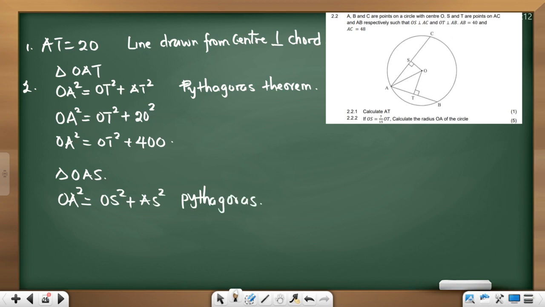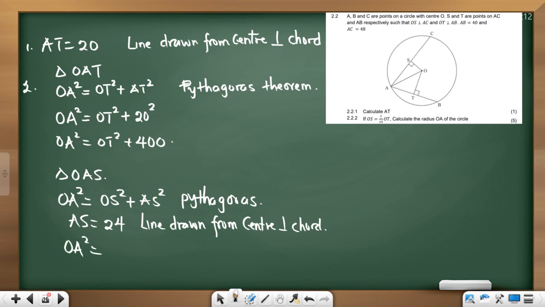But can we say our AS is 24? We said that earlier on, line drawn from center. Make sure you keep writing your reasons. Perpendicular to the chord will bisect. It means my OA squared is, what is my OS? We are given OS as 7 over 15 OT.